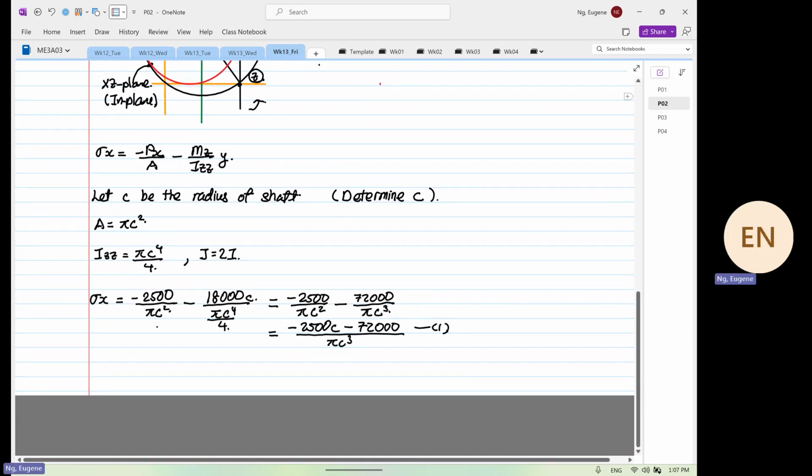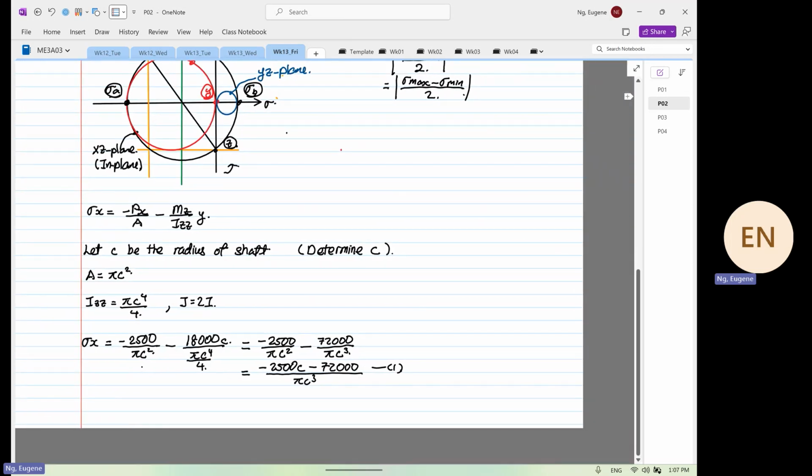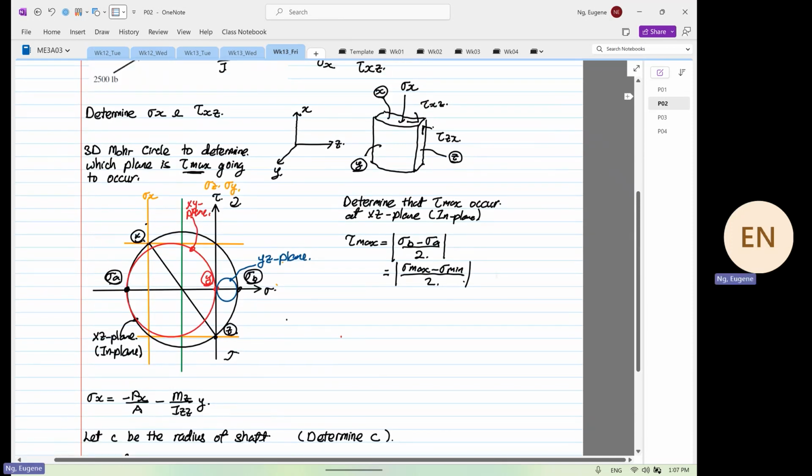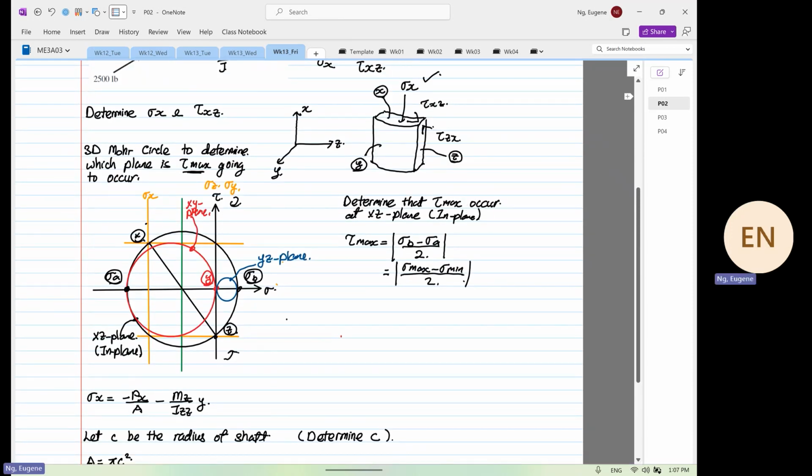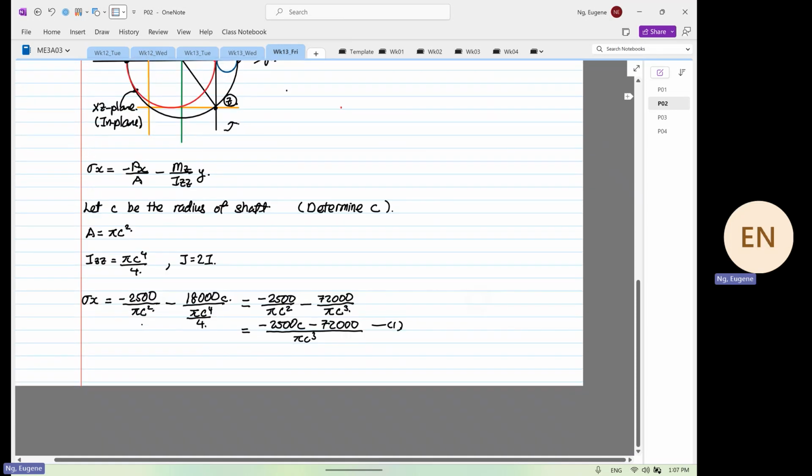So the next thing that we like to do, so this is for the normal stress. Okay, so the normal stress, if we go back to our element, we have determined our normal stress already. Next, we're going to determine our shear stress.